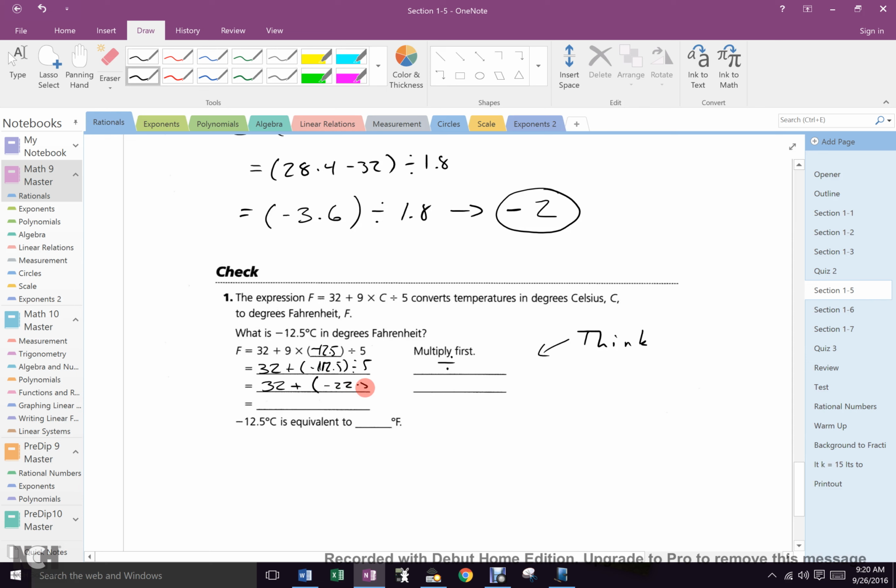Negative 22.5. Right? Now I'm going to do my adding. What's 32 plus negative 22.5? 9.5. Yeah, that's supposed to be negative 112.5.